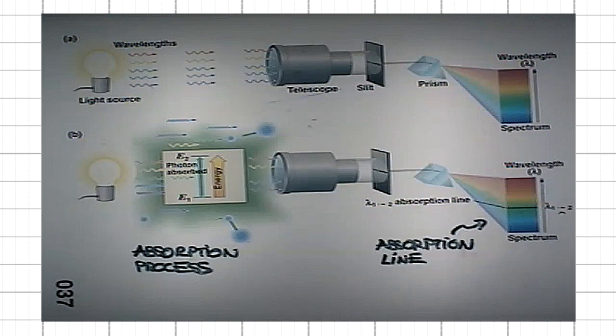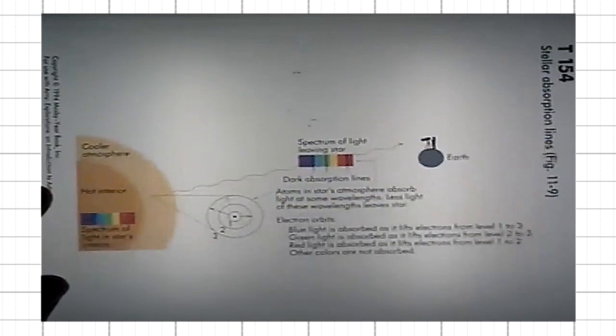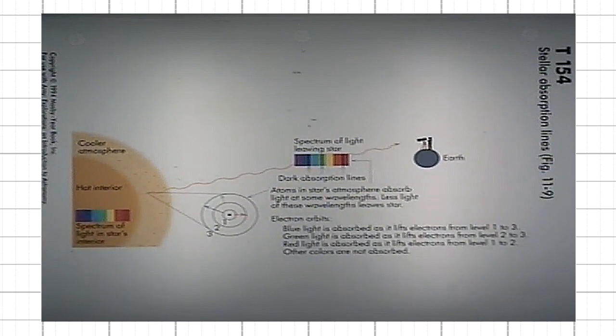Okay, so what the astronomers do is something like this, as illustrated here. See, what happens is that the interior of the star is much hotter than its surface, because the energy is produced in the interior by fusion of hydrogen into helium that requires tremendous temperatures.